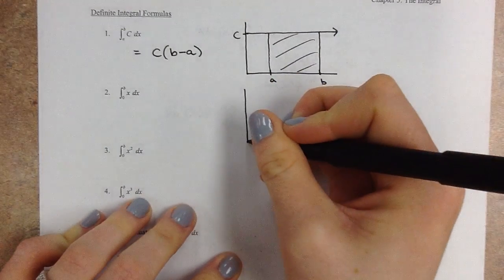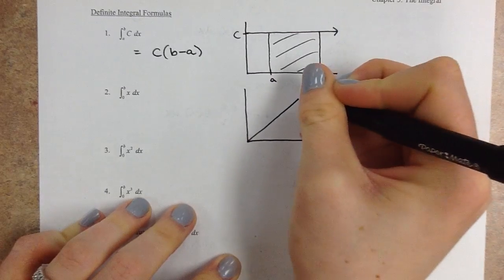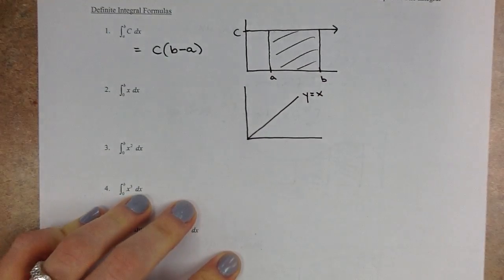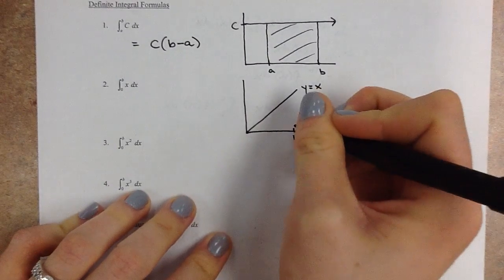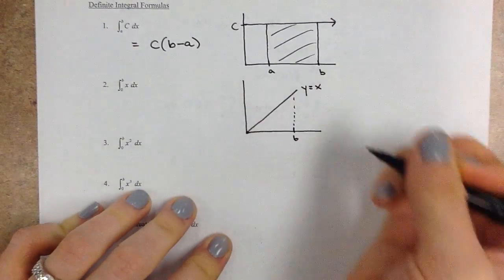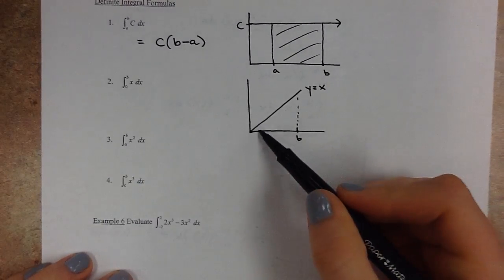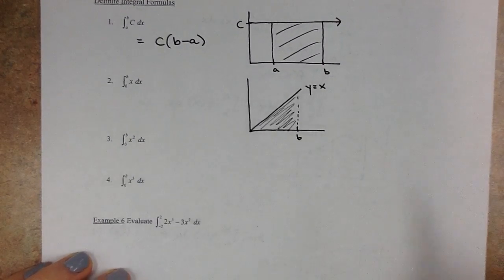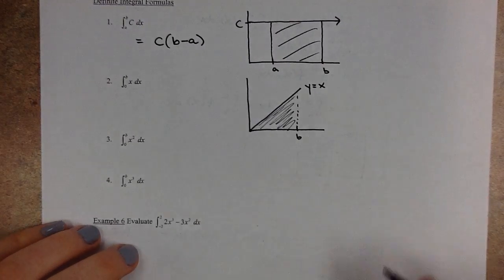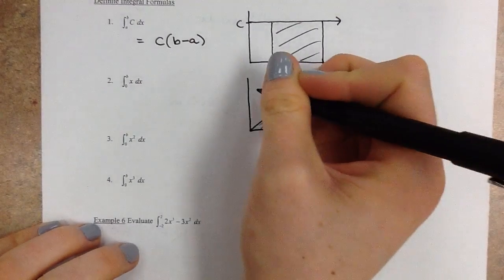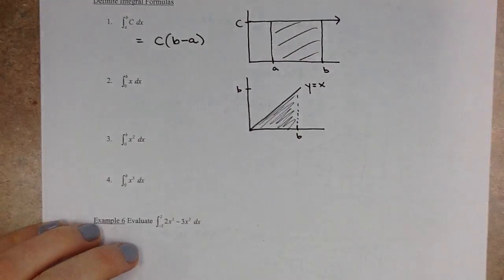Okay, next one. We're going to draw a picture for this one too. The area under x. So this is the line y equals x, just a very simple line here. And we're going to start at 0 this time. So starting right here and then ending at b. Okay, so we want this area. Now this area can be given to us as a triangle. So if we're trying to find the area of a triangle, if this is b, this is an important part, that means this height is b as well.